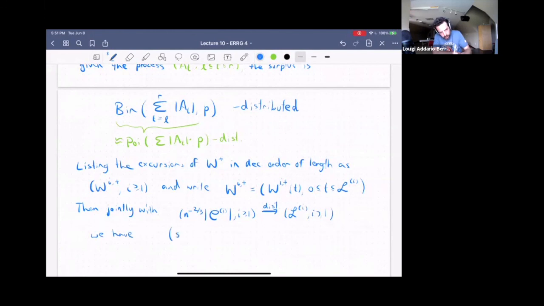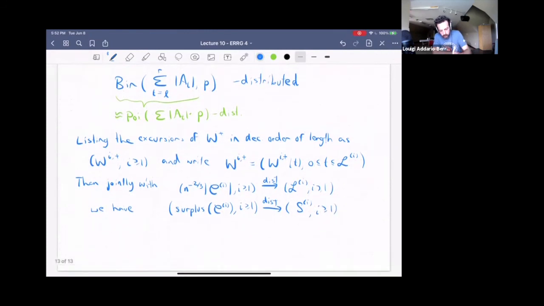If we also want to study the surpluses of those components, I wrote S sometimes and surplus sometimes, but I'll write just surplus right now. The vector of surpluses of those components converges in distribution to some limiting surpluses S_i, i at least one.